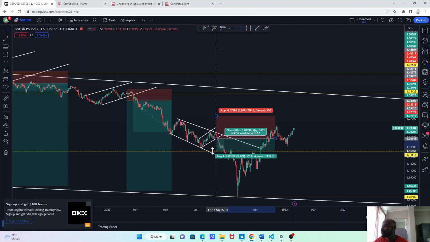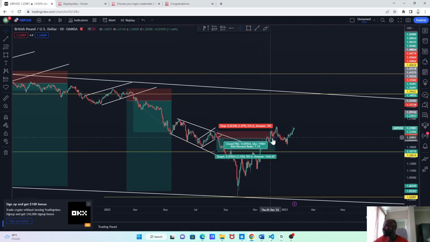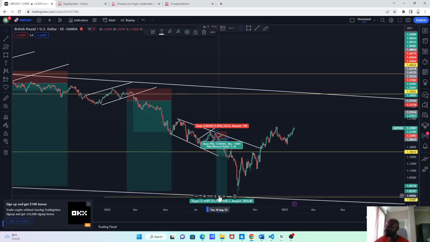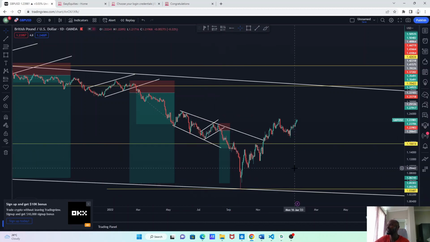Maybe you can target this area. If you're more aggressive, because the bias is stronger to the downside, you move and target this. Use the same target here for 6.8%.